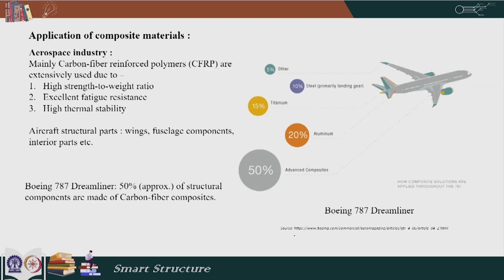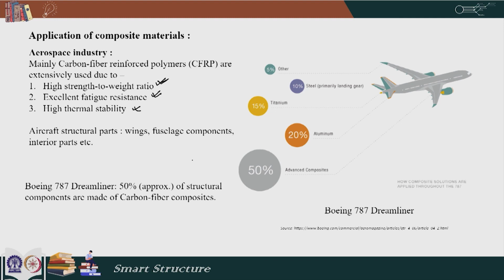In the aviation industry, composite structures find a lot of applications. Again, the advantageous features that make this material useful for this field are high strength to weight ratio, excellent fatigue resistance, which is very important, and high thermal stability.